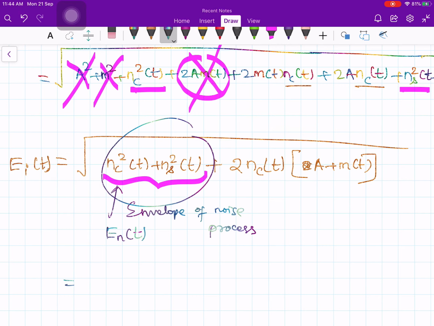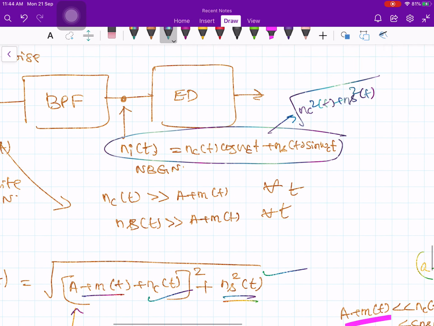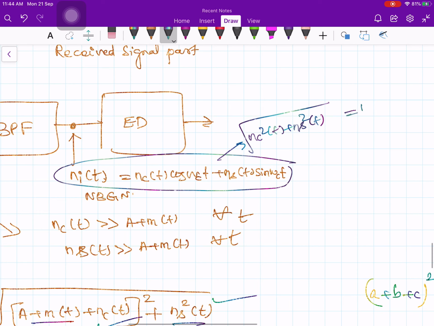So I can rewrite this equation as follows. Look here, this is my envelope, so I can write this as En of t.